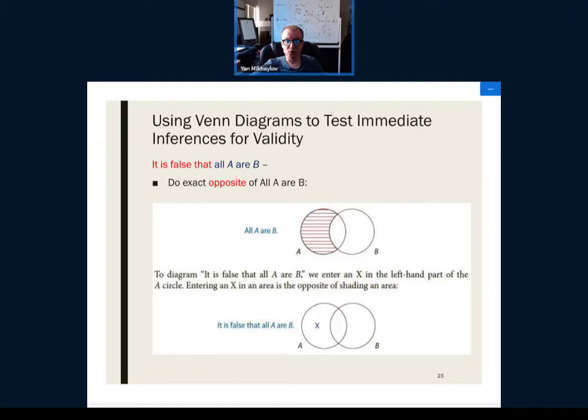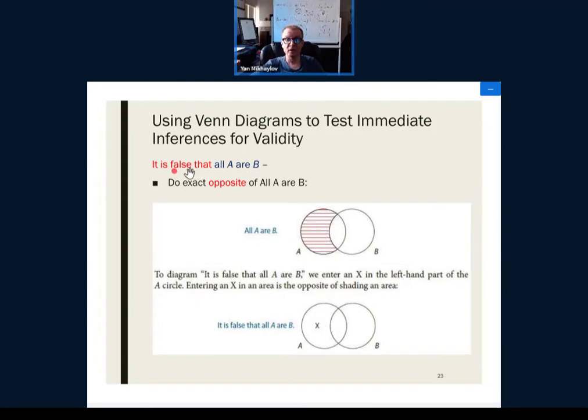Now, we can do the same thing with Venn diagrams, and it's actually more important to do it with Venn diagrams. There's just one little thing which we are adding here. When it says it is false, you're still using these relations, but you have to change from shading to an X or from X to a shading.